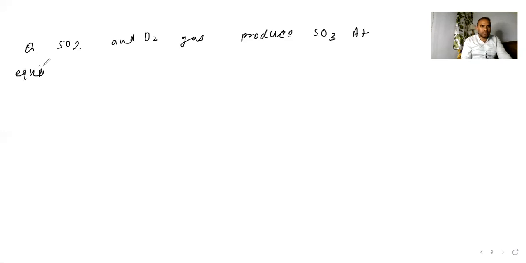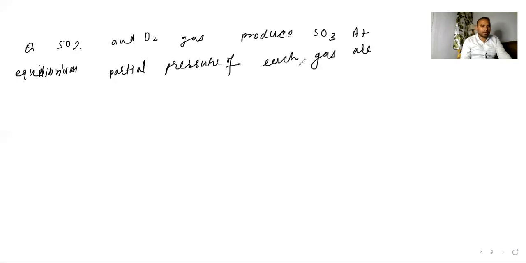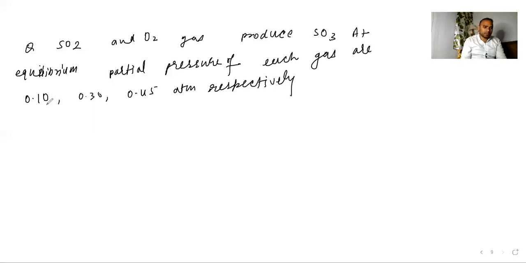The partial pressure at equilibrium of each gas is 0.10, 0.010, 0.30, 0.45 atm respectively. Respectively means the first one is SO2, the second one is O2, and the third one is SO3.